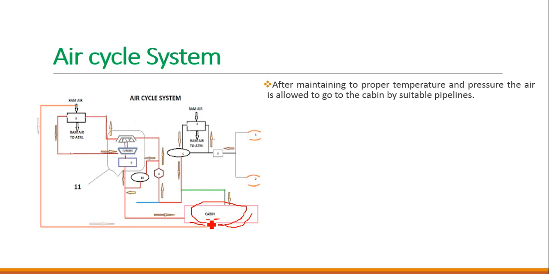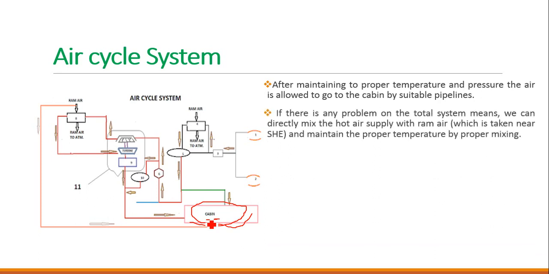After maintaining a proper temperature and pressure, the air is allowed to go to the cabin by suitable pipelines, passed from the refrigeration unit to the cabin. Suppose there is any problem in the pipeline, then we directly mix the hot air supply with ram air, and then it will be supplied to the cabin.